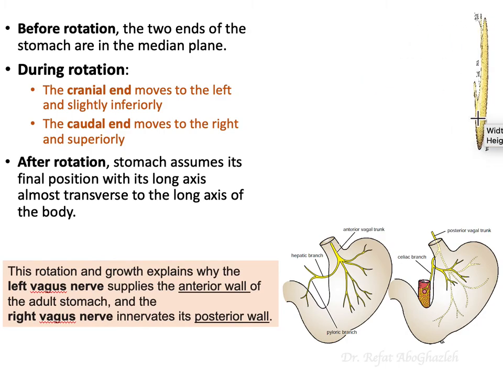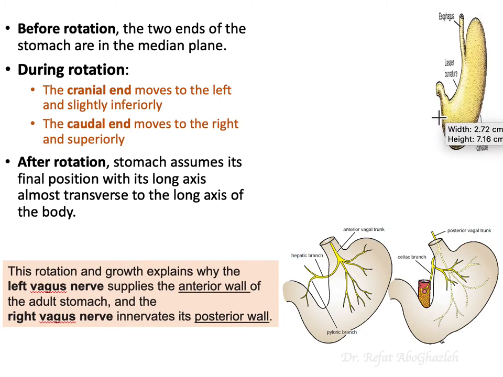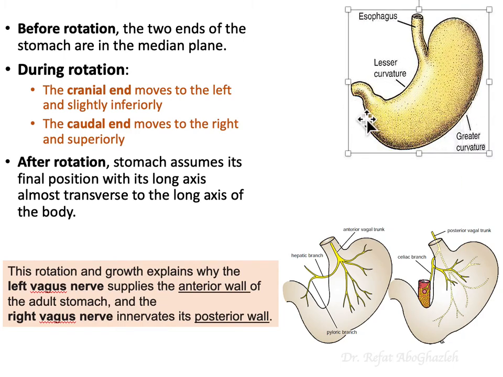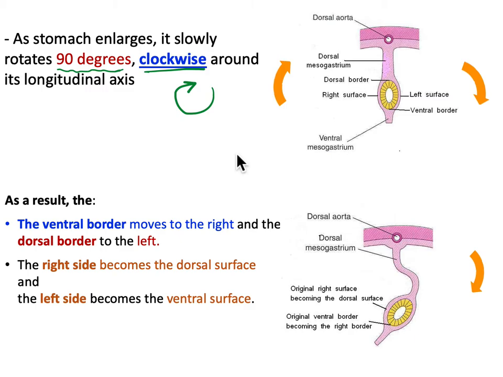So it was like this, then 90 degrees rotation clockwise, it becomes like this, right? So this is the position of the stomach in the adult. So this is the rotation.